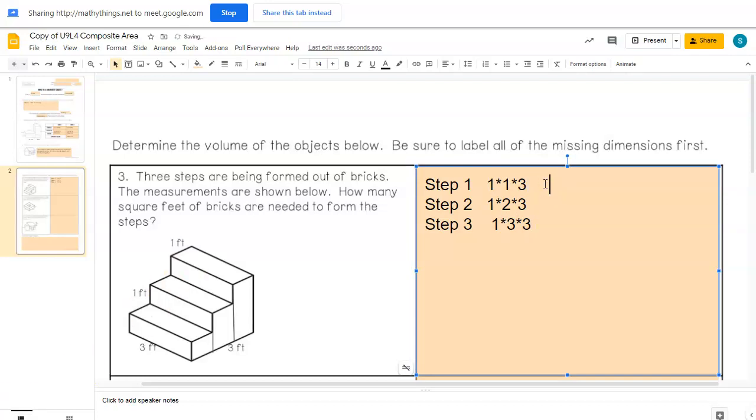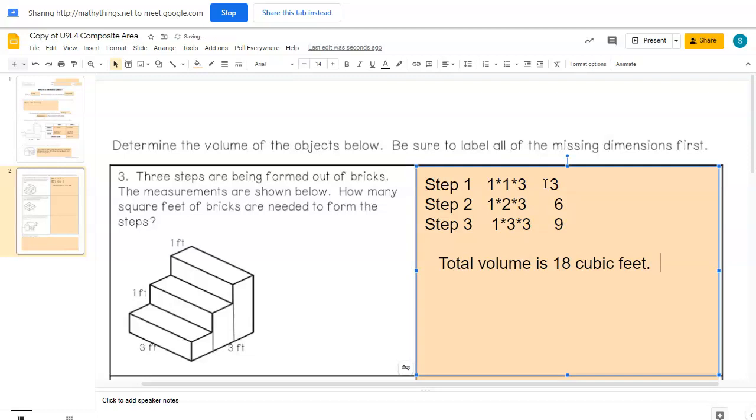So the volume of this one is 3. The volume of this one is 6. And the volume of this one is 9. So the total volume is 18 cubic feet.